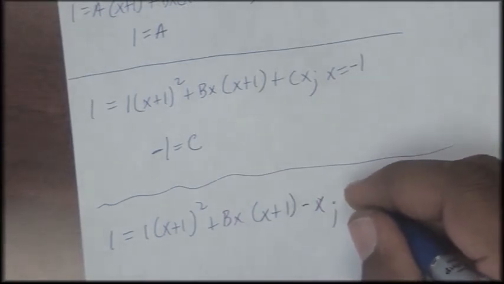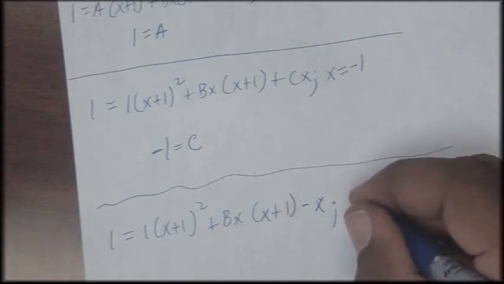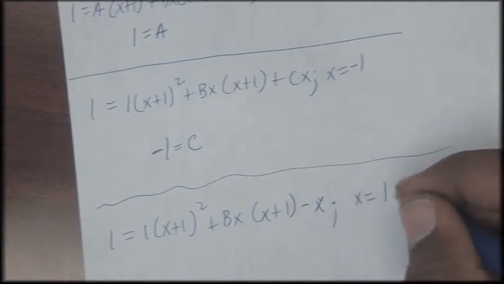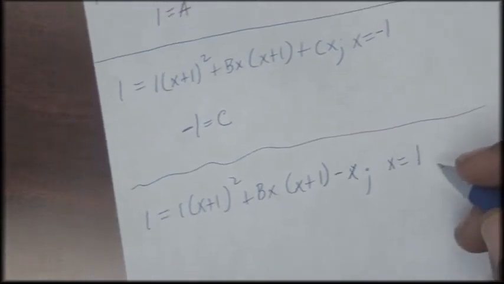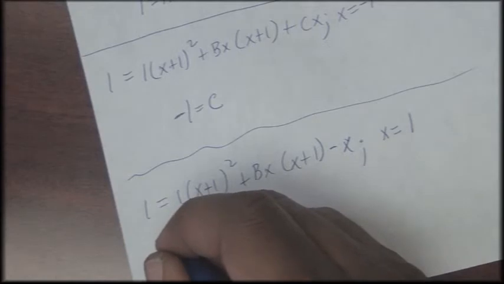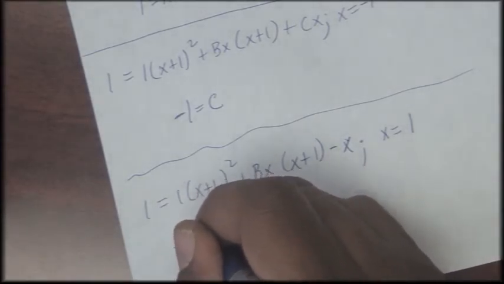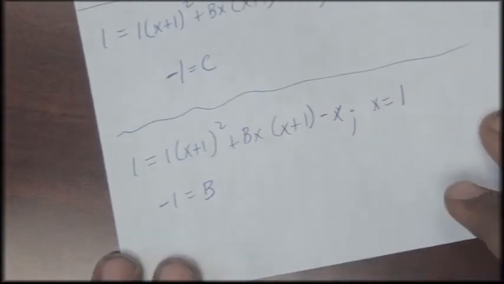And I'm also going to substitute x for +1. So if I substitute x for +1, I have -1 is equal to b.